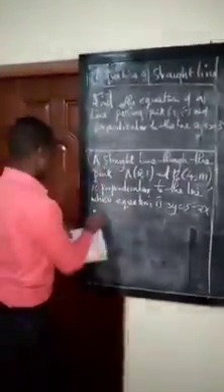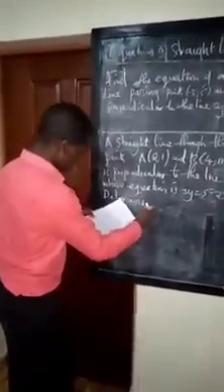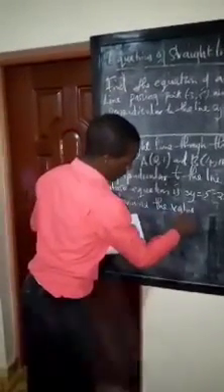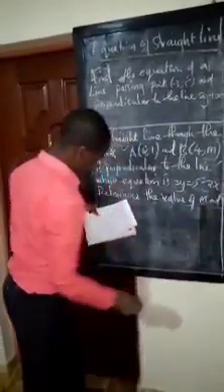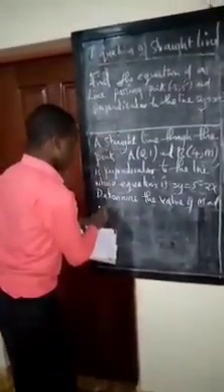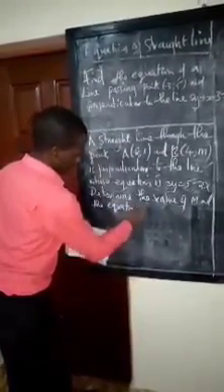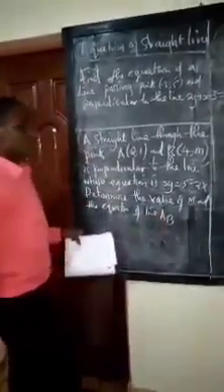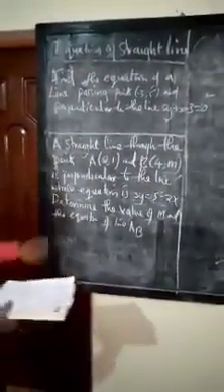Then we are going to determine the value of m and the equation of line AB. That's a little bit different, but it's almost the same as the one we've already done.